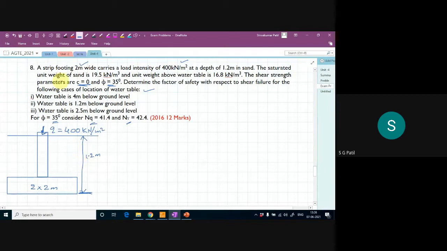The saturated unit weight of sand, gamma sat, is 19.5 kilonewton per cubic meter, and the unit weight above the water table will be your bulk density, or it may be dry density. If they had given the water content, I could find the dry density, but for timing I will assume it as a bulk density, which is 16.8 kilonewton per cubic meter.